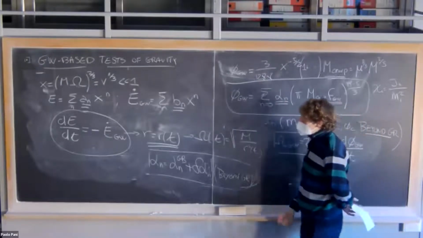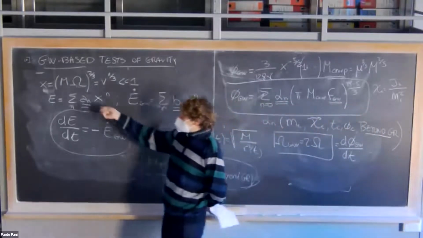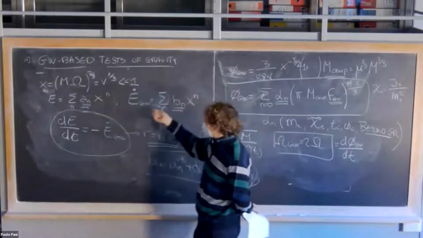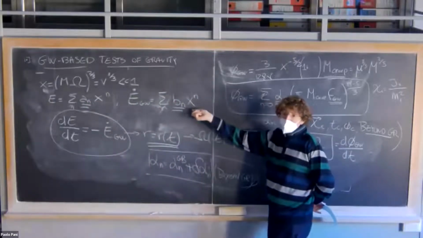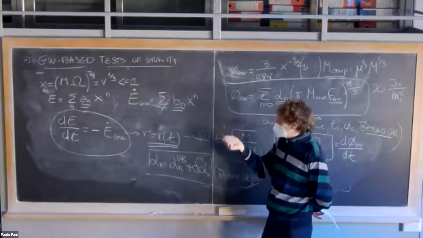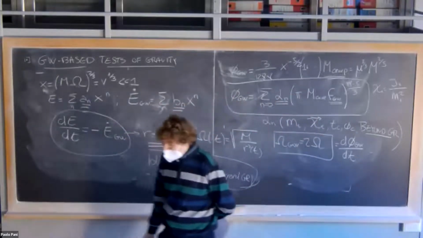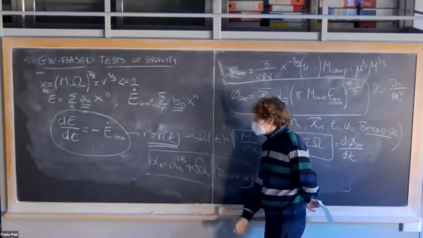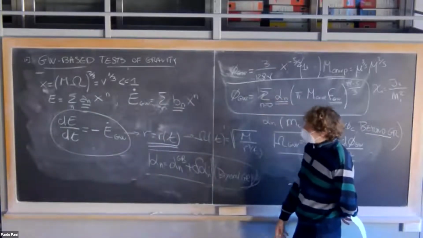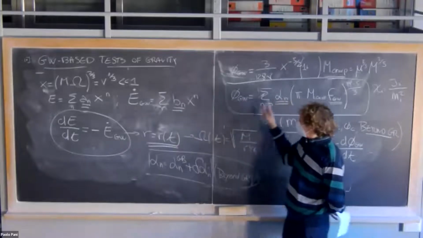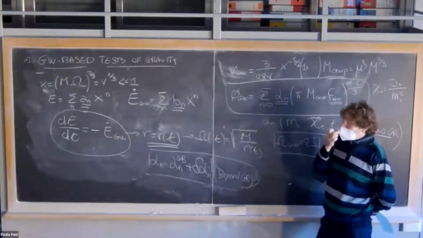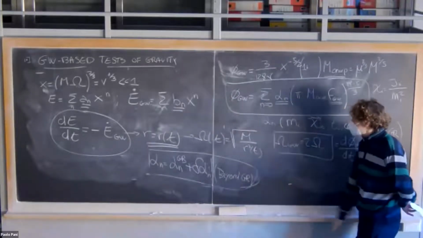The opposite might also be true: maybe the conservative part of the dynamics is the same, but the way gravitational waves are emitted is different, maybe because of extra degrees of freedom, for example, extra polarizations. I will discuss this in a moment. And therefore the fluxes are different, and nevertheless a correction to the gravitational wave phase might be present.